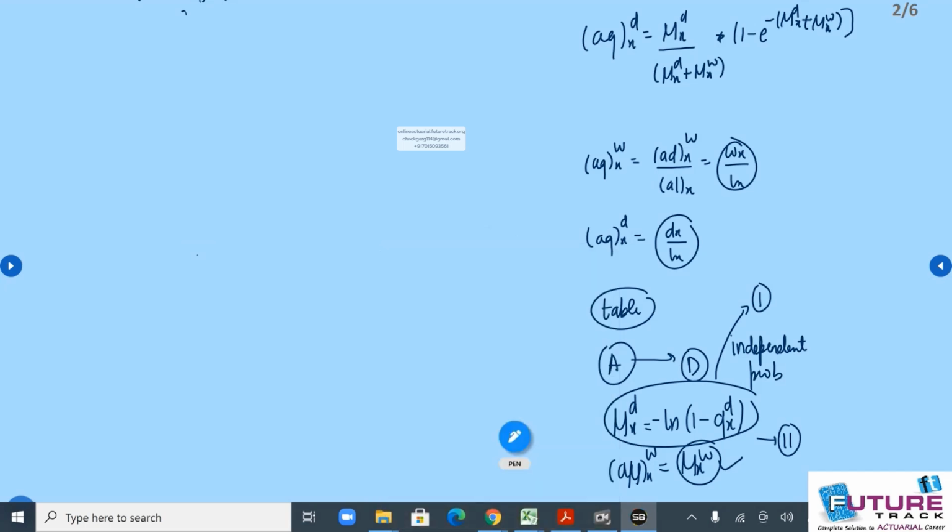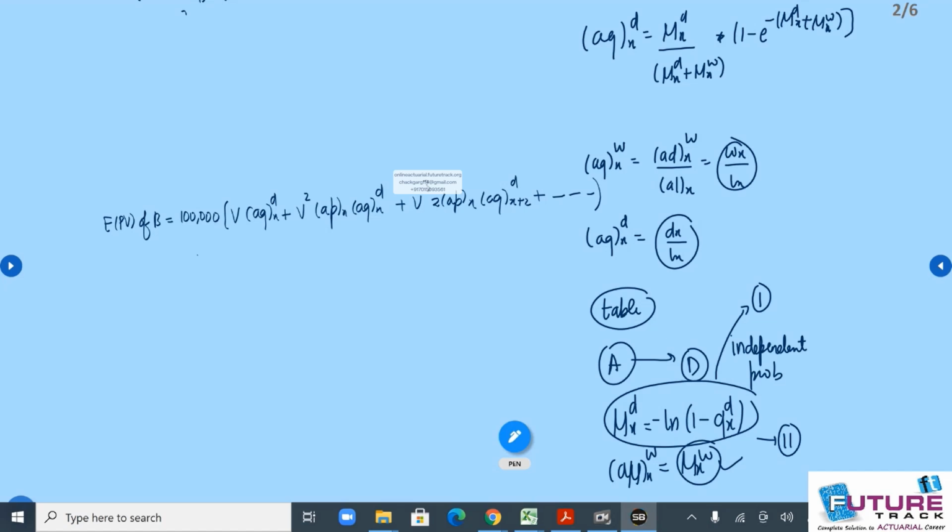Class, my EPV of benefit will be now 1 lakh, v AQxd plus v squared APx into AQxd plus v cubed 2APx into AQ x plus 2 d and so on, class, right? So let's apply this formula now to find the EPV of benefit, revised benefit.